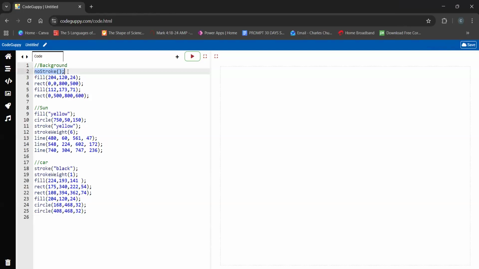We don't want anything yet. Then after no stroke, the fill is to create a color. So this color fill, 204, 120, and 24, most likely will be around the color of the sky.